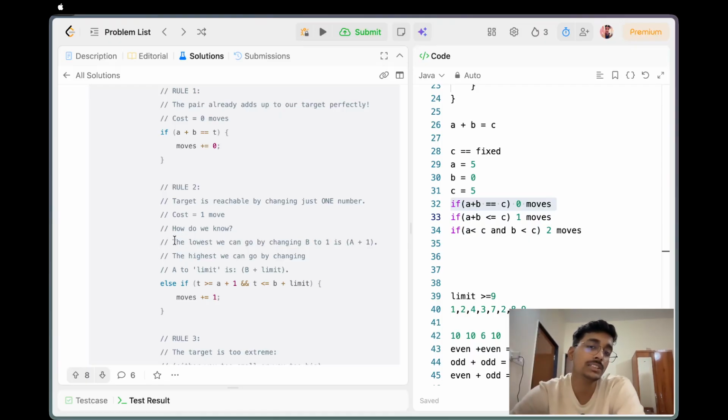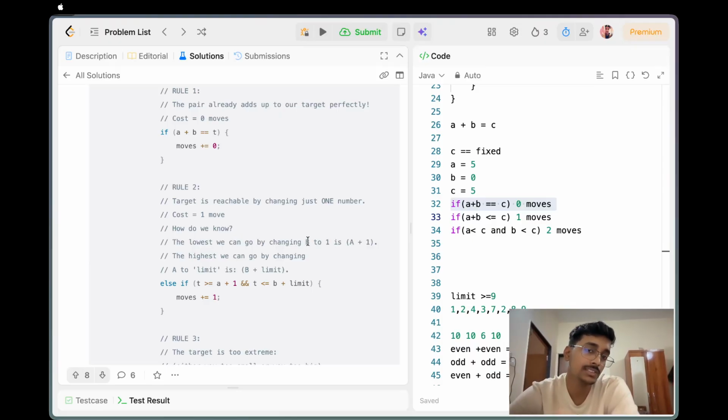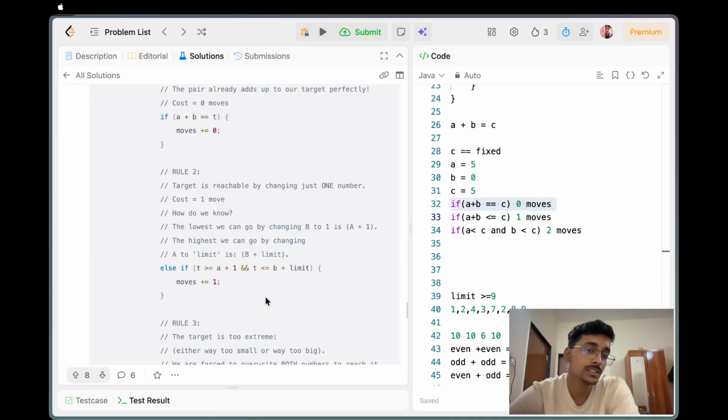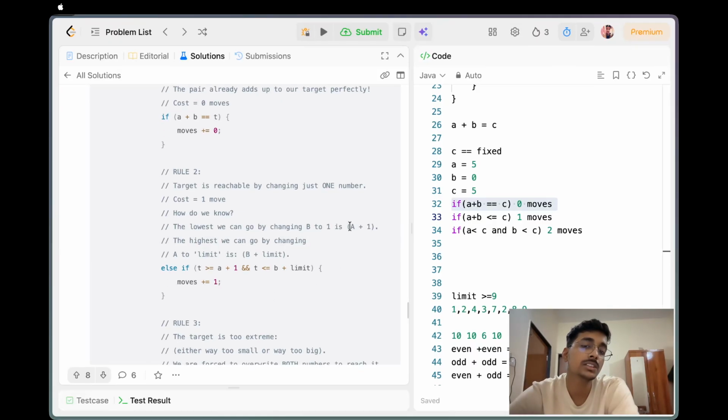To reach the lowest number, I will make the other one 1, or if I want to reach the highest number, then we will change A to limit. A plus 1, like minimum value plus 1.